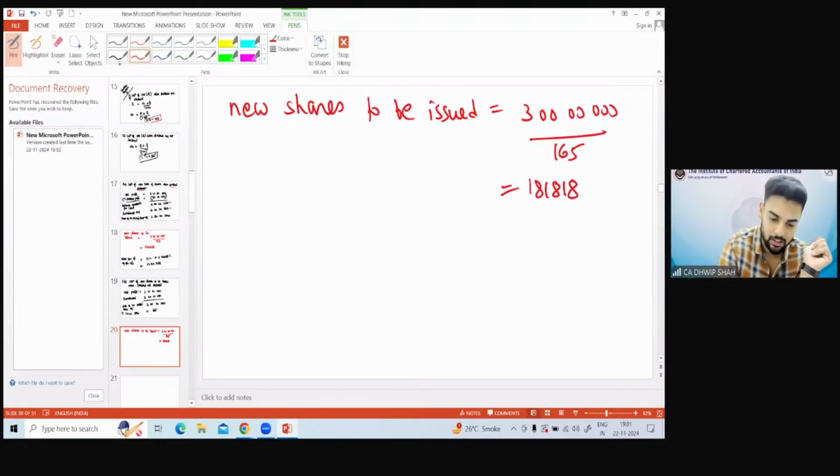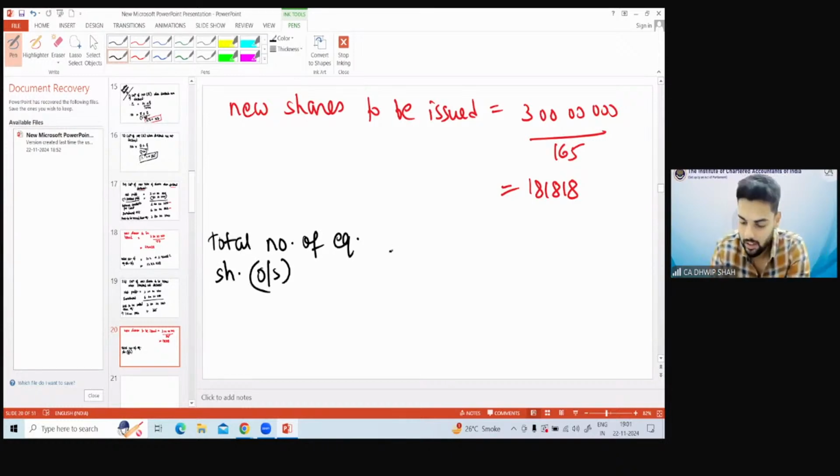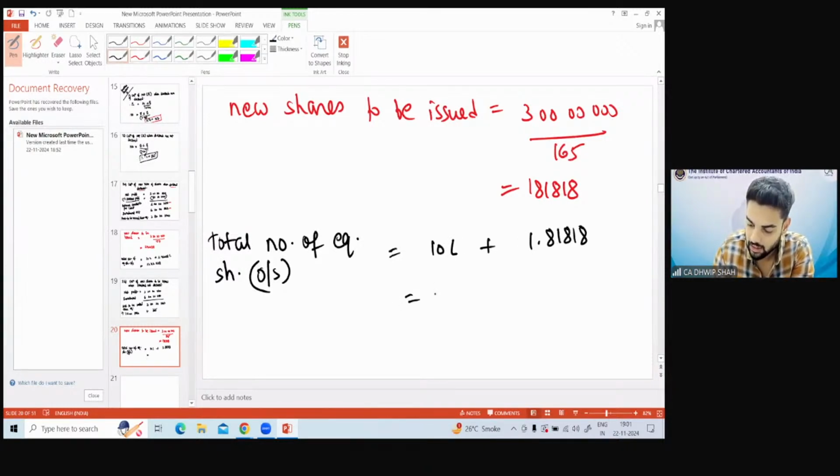181,818. So my total number of equity shares outstanding at the end of accounting year one is nothing but 10 lakh plus 1.81818 lakh, which is nothing but 11.818 lakh.